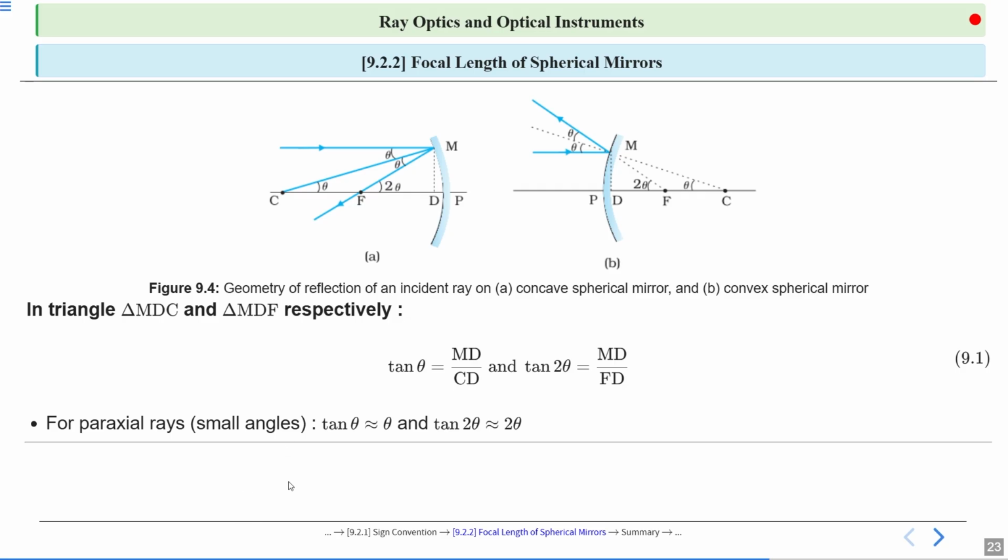For small angles, sin theta is approximately equal to theta, and also tan theta is approximately equal to theta. So tan theta will be approximately equal to theta, and tan 2 theta will be approximately equal to 2 theta.